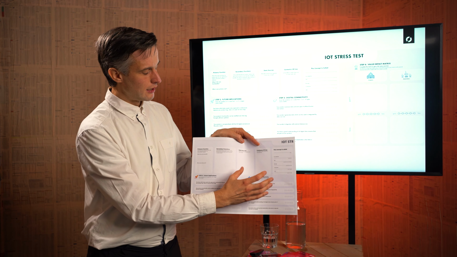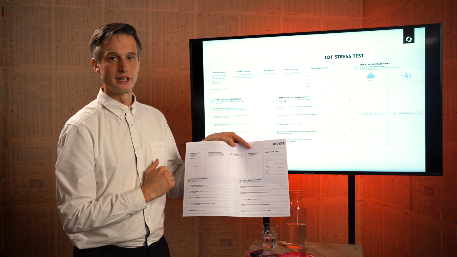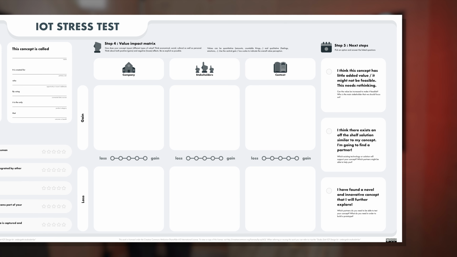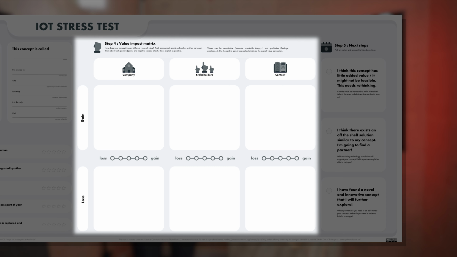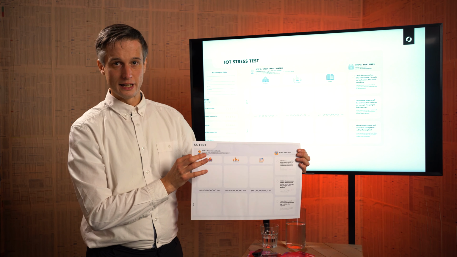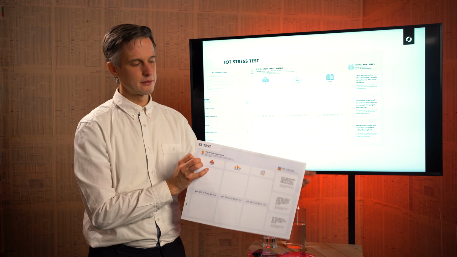A second list of questions is about, are you using the full potential of digital connectivity? And on the second page of this template, you are invited to list which value is being created. So you either create value for your company, for stakeholders involved, or the broader societal context. And depending on whether this value is positive or negative, you can figure out, am I creating a valuable hybrid product service system?